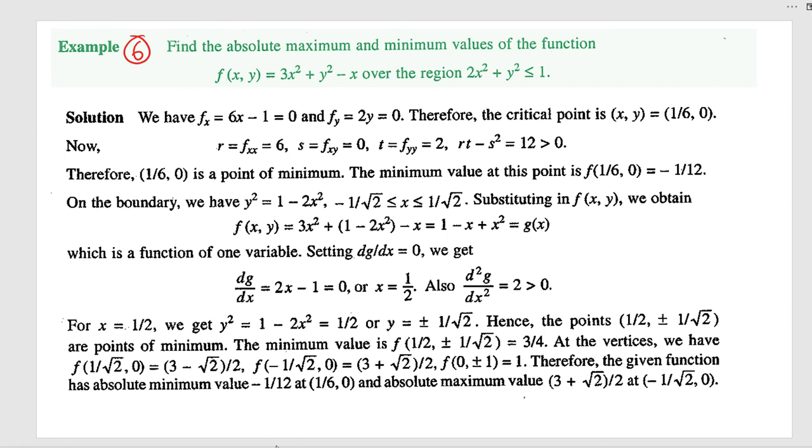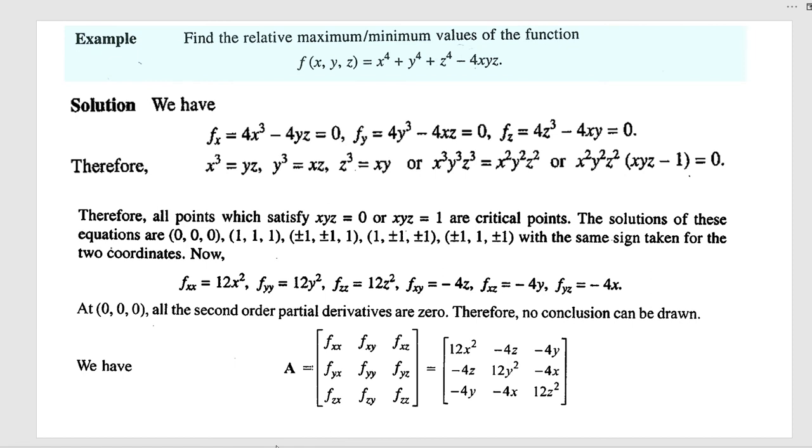This is actually related to the next class. Now here, for the three variable case, you can find out fxx, fyy, fzz, and then fxy, fxz, and fyz.